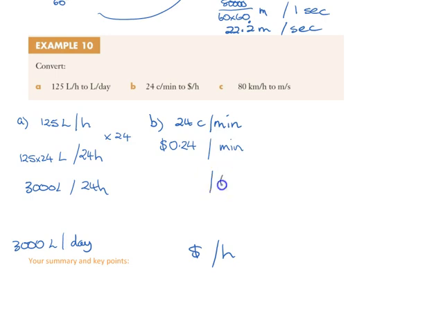I know there are 60 minutes in 1 hour. How do I make this conversion? I am multiplying by 60. If I multiply by 60, I'm changing the size of the quantity. So I need to change the size of the quantity in a similar way here. We know that 60 minutes is 1 hour.